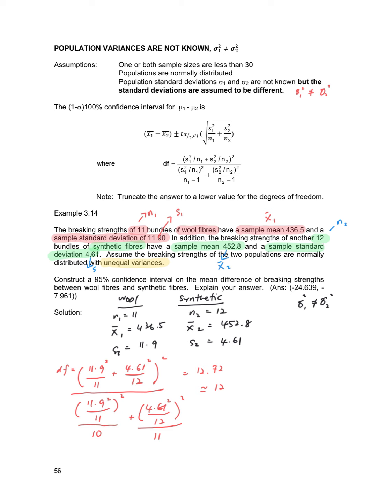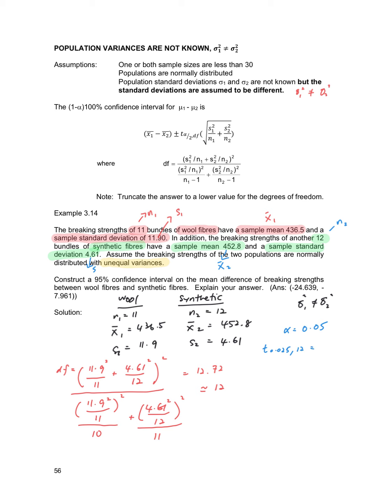Our alpha here is 0.05. So we need to find t alpha over 2, which is t 0.025, with the degrees of freedom that we calculated just now, which is 12. You need to refer to table 7.